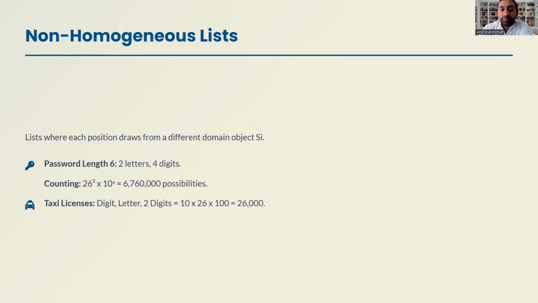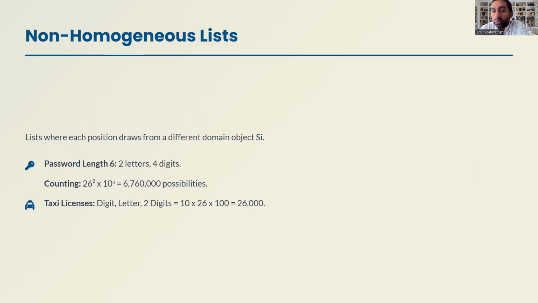Non-homogeneous lists. Up to now, we have assumed that every slot in a list is chosen from the same set of options. But in non-homogeneous lists, each position draws from a completely different domain. Consider designing a password that must consist of 2 uppercase letters followed by 4 digits. The number of choices for each of the first 2 slots is 26, and for each of the last 4 slots is 10.